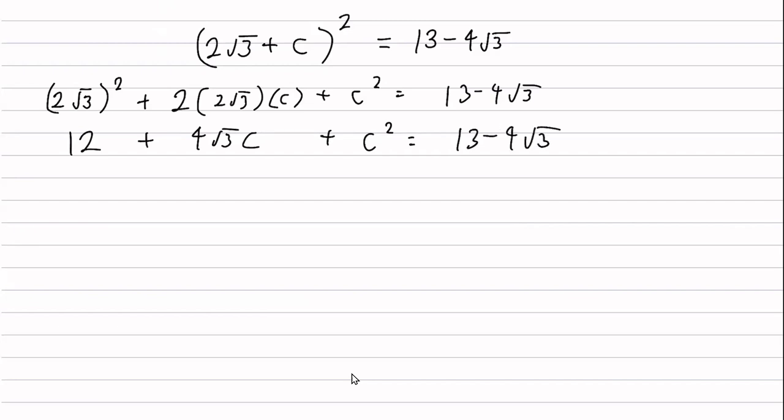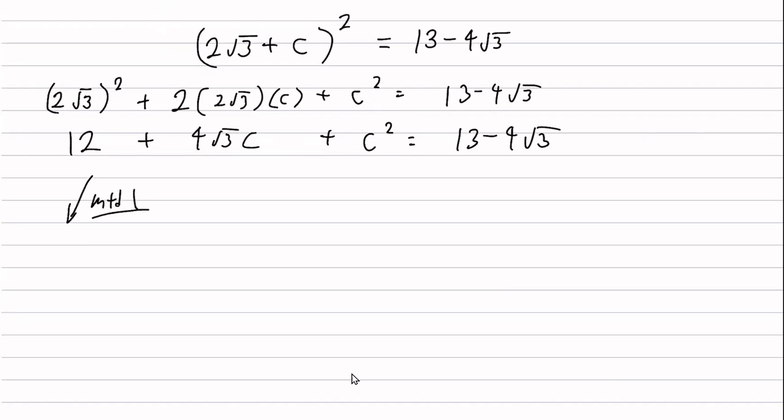I know what you're thinking. Oh, c square and c, then we can just solve a quadratic equation, right? That could be possible. So let's see how we will do it. This is method 1. I don't think it works.